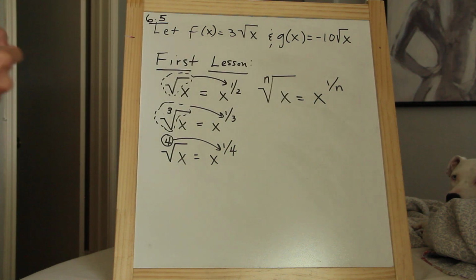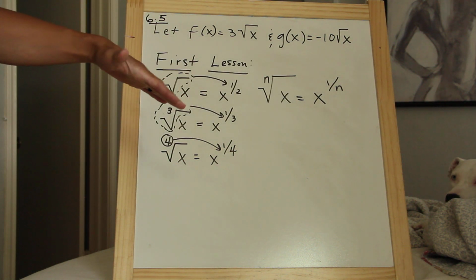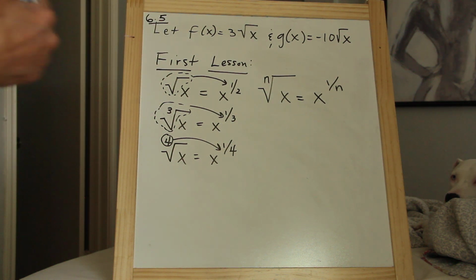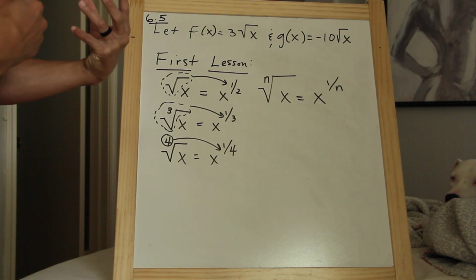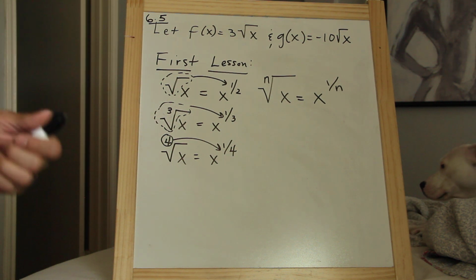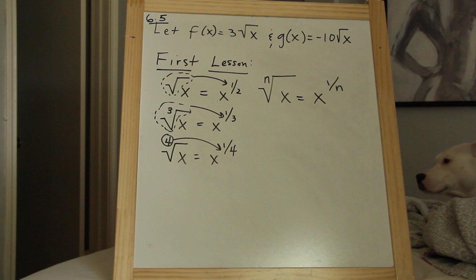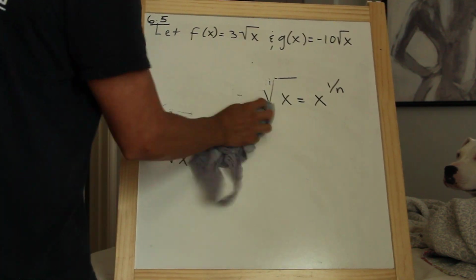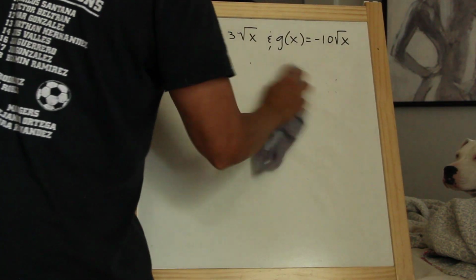Using that, because you'll see that later on when we start to do multiplication and division and subtraction, you see how it could be easy to go back and forth to make it understandable. Okay, so from here we're going to continue with our lesson real quick.